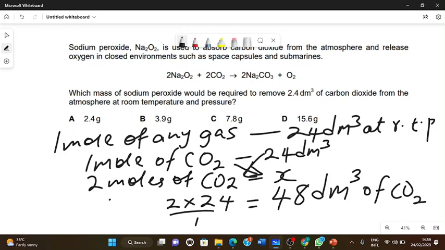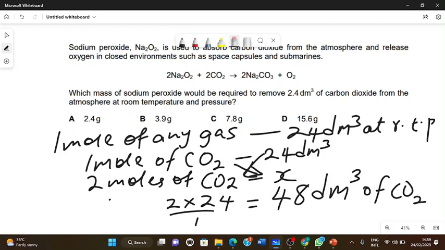So we are asked to calculate what mass of sodium peroxide will be required to remove 2.4 dm3 of carbon dioxide. What mass will be required to remove 2.4 dm3 of carbon dioxide?